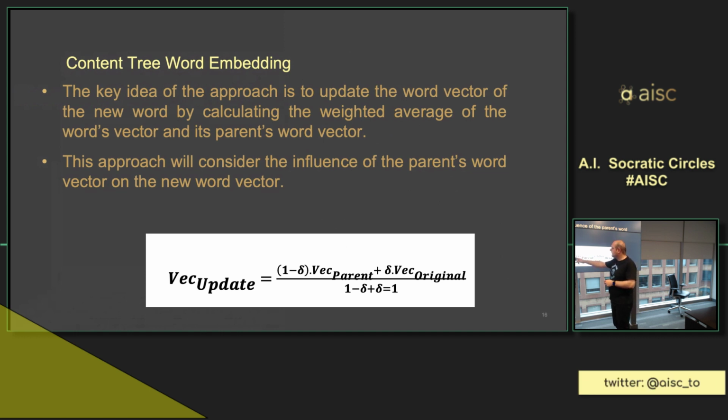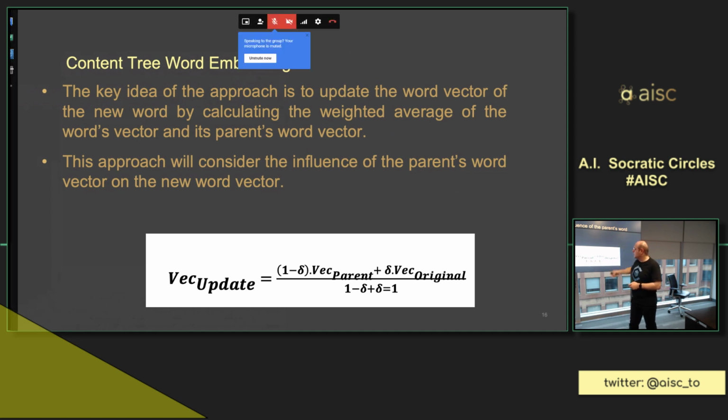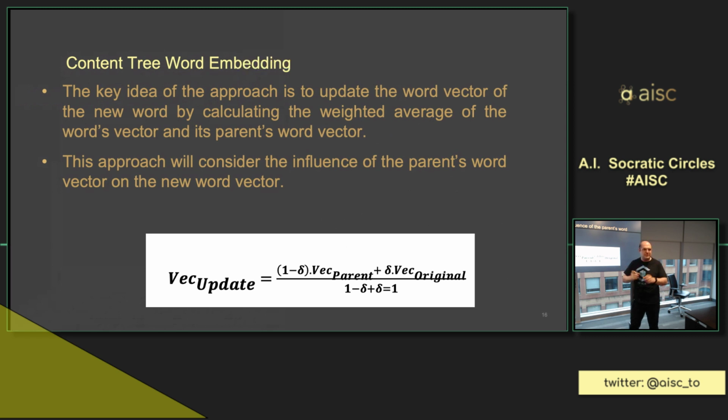And we have one factor here. We call this the decay factor. I will explain in the results how effective this decay factor was, which shows how close the newly generated word vectors will be to the parent or to the child.